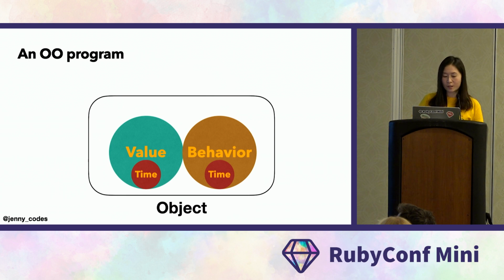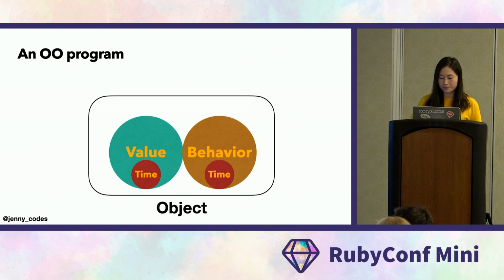And this is my mental model of what an OO program looks like. An object encapsulates the value and behavior together. And the time is implicitly inside both the value and behavior, because a value can be changed over time, like we just saw. And so this method.